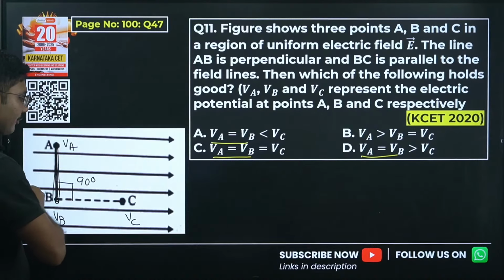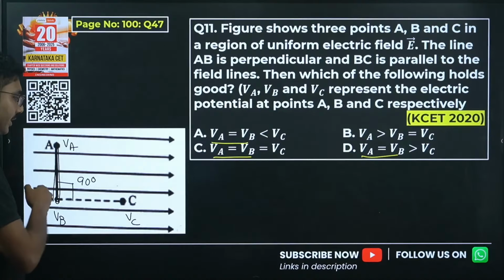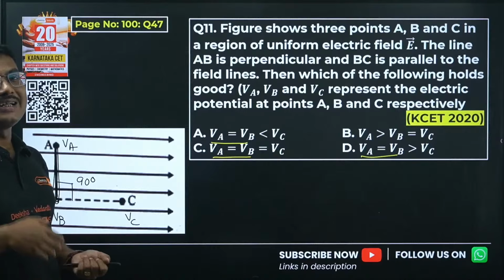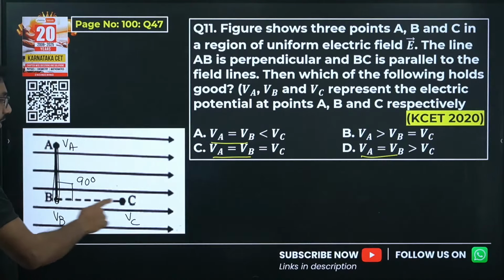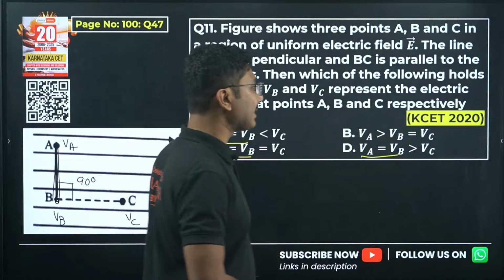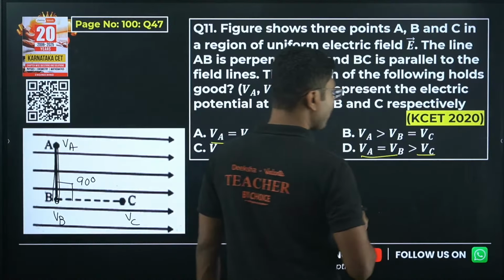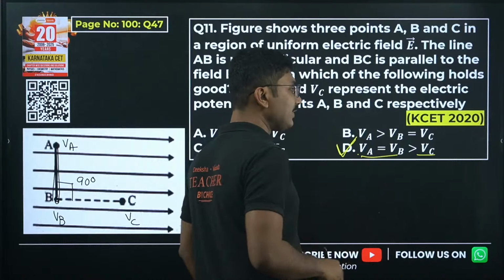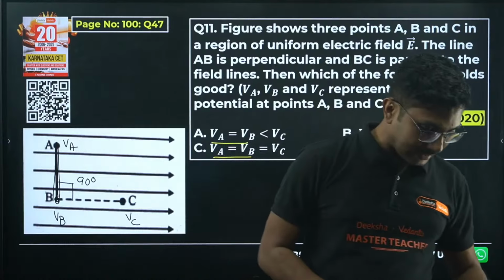If you see, we are moving in the direction of the electric field, and if you move in the direction of the electric field, the electric potential decreases. So VA and VB both should be greater than that of C. That means VA equals VB is the correct answer.